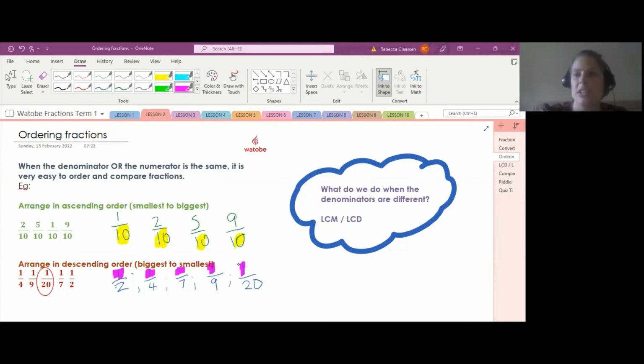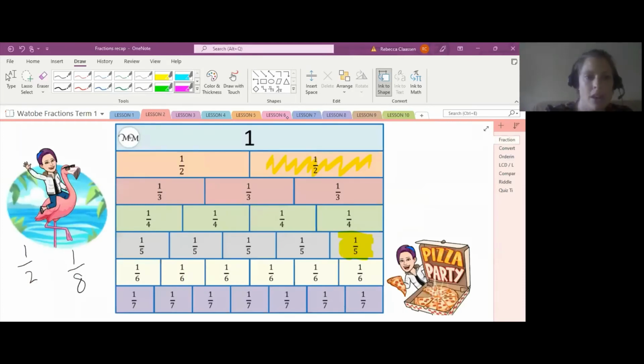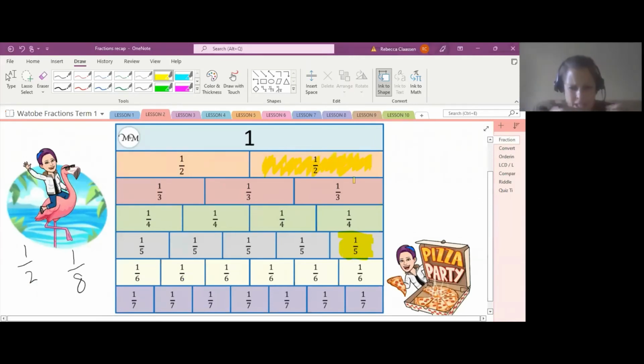So let's go back to our fraction wall. If we have a look at the fraction wall, here's a half. Remember, our half was a really big amount of cake or pizza. And a 20th, you have to split it up into 20 little pieces. So we've got the same amount of cake, but we've got to divide it into 20 pieces. So that would be 10 there. So we're going to go 1, 2, 3, 4, 5, 6, 7, 8, 9.